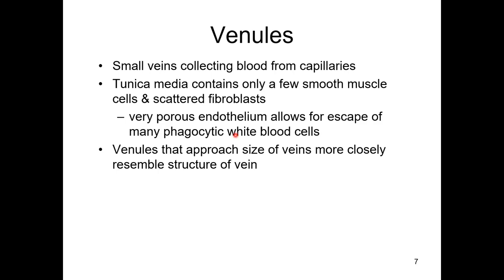In the immune system chapter, we'll see a good illustration of how that happens. When white blood cells want to exit blood vessels, these venules are a favorite spot for them.